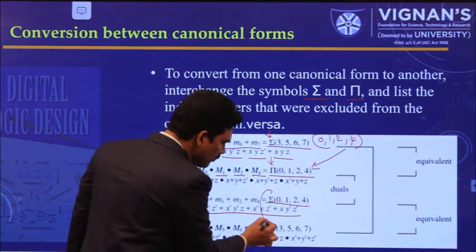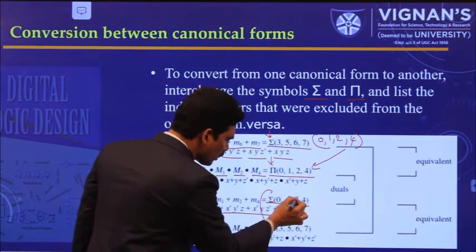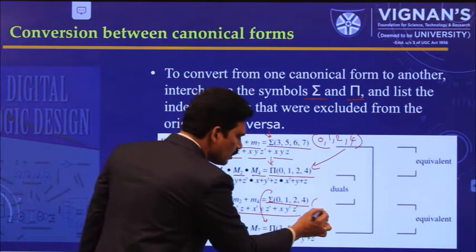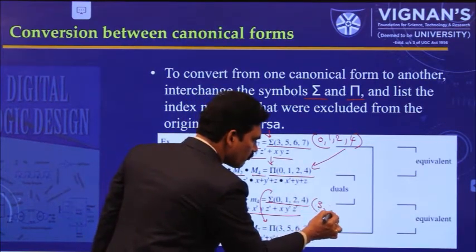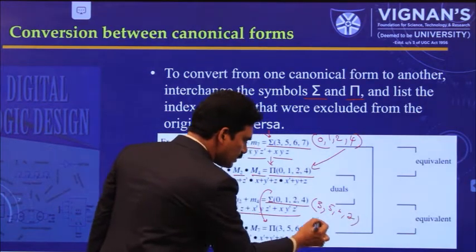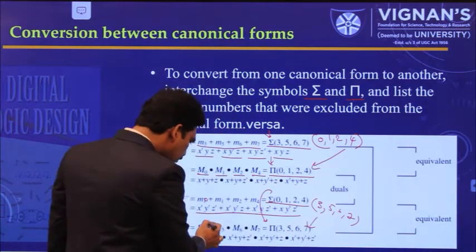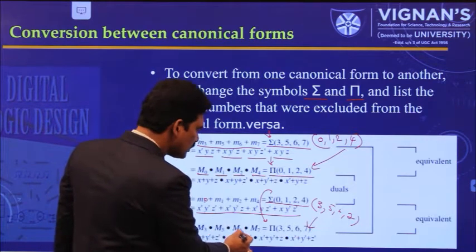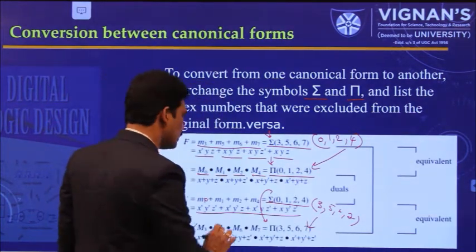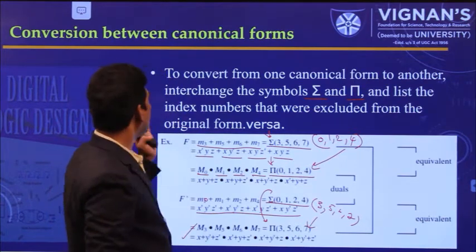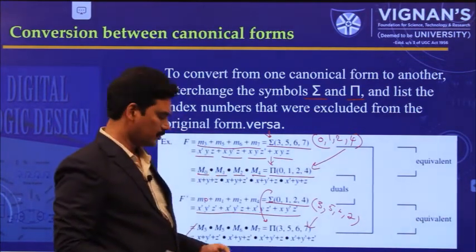The sigma is replaced with pi, and 0, 1, 2, 4 are there. The other ones: there is no 3 here, 5 is here, 5, 6, 7. This is M3, M5, M6, M7, pi of 3, 5, 6, 7, and the representation is this one. This is the conversion between canonical forms.